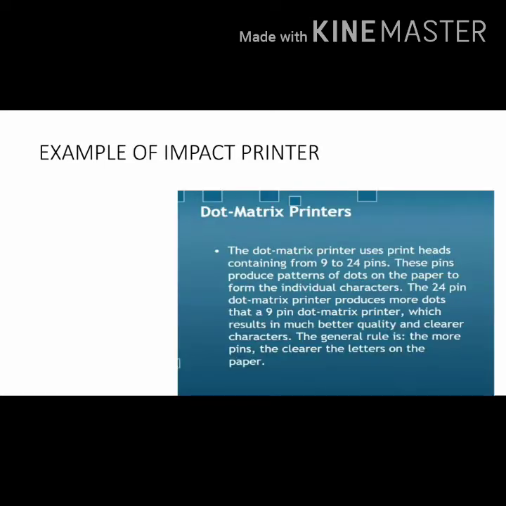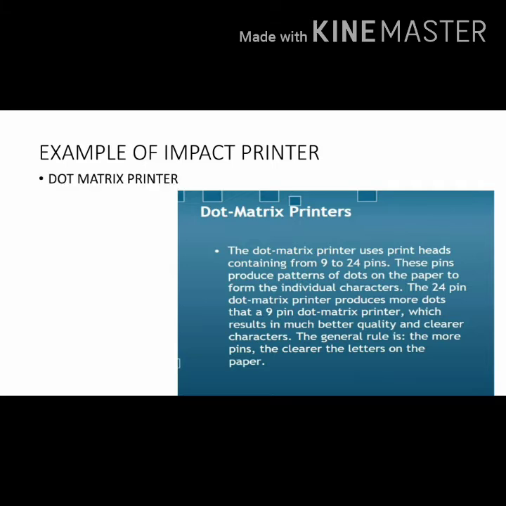Dot matrix printers. The dot matrix printer uses print heads containing from 9 to 24 pins. These pins produce patterns of dots on the paper to form the individual characters. For example, a letter A is formed by many dots on the paper. In olden days, if you looked at computer prints closely, you could see each letter is constituted by dots.